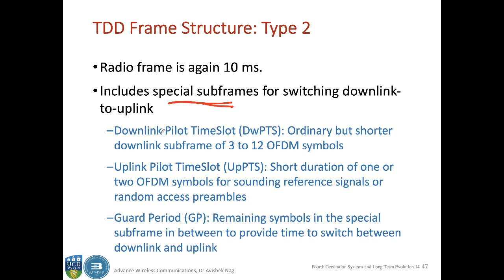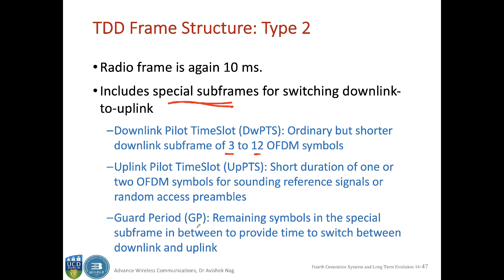you have these parts. So you have the downlink pilot time slot, which is an ordinary but shorter downlink subframe of 3 to 12 OFDM symbols. Then the uplink pilot time slot, which is a short duration of 1 or 2 OFDM symbols for sounding reference signals or random access preambles.